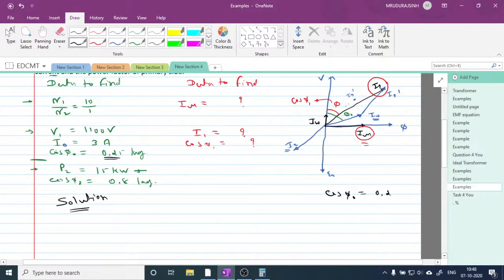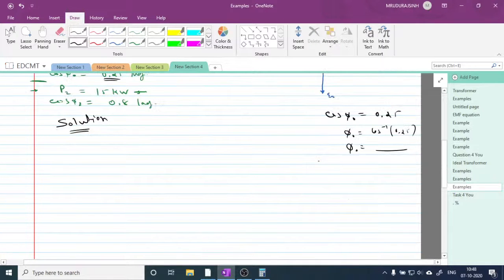So phi 0 is cos inverse of 0.25. Calculate this phi 0 and tell me. I am directly writing, when cos phi 0 is 0.25, sin phi 0 is 0.968, right? You just write what phi 0 is in the comment section.